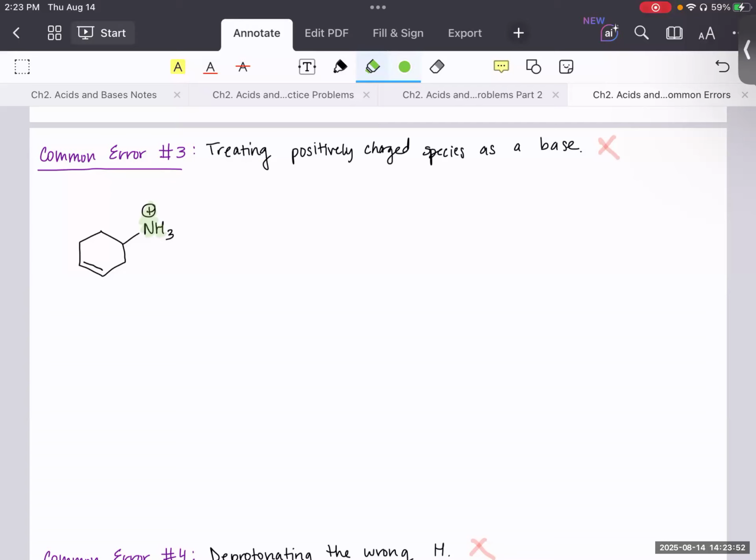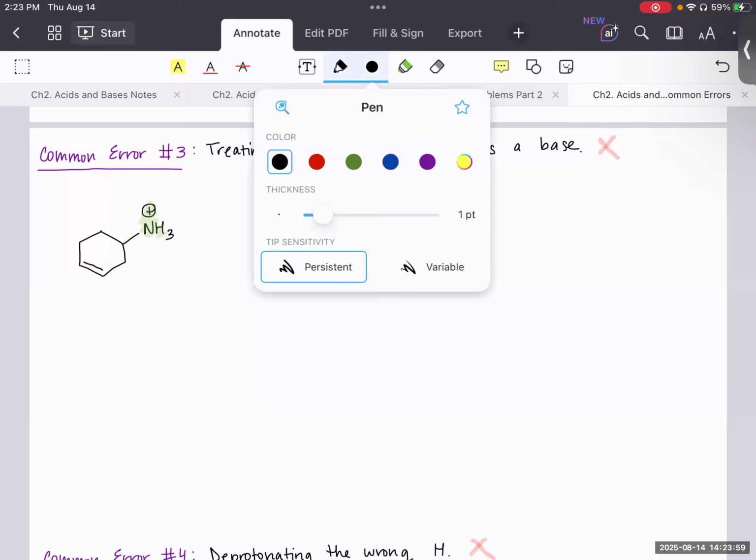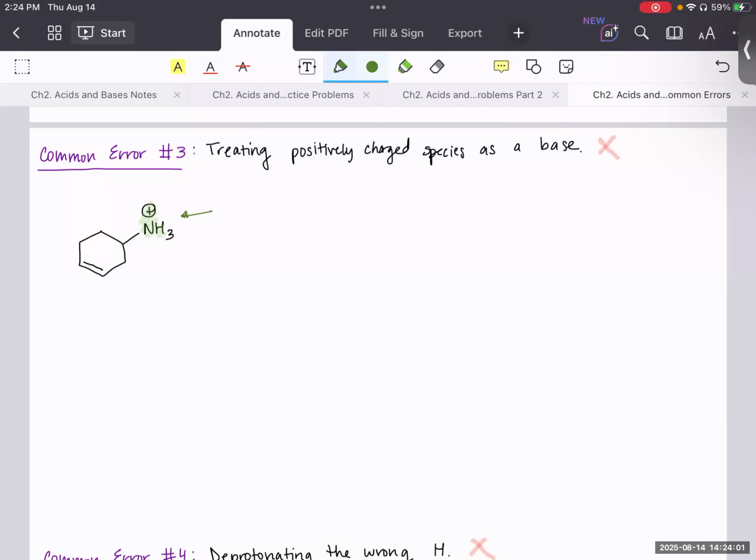I think this error occurs because nitrogens often are bases and they often have that lone pair of electrons. However, in this case, this does not have a lone pair. If we were to draw this out to show all the bonds, we would get something like this, where we have that nitrogen, and we can see that the octet is entirely comprised of bonds and no lone pairs.